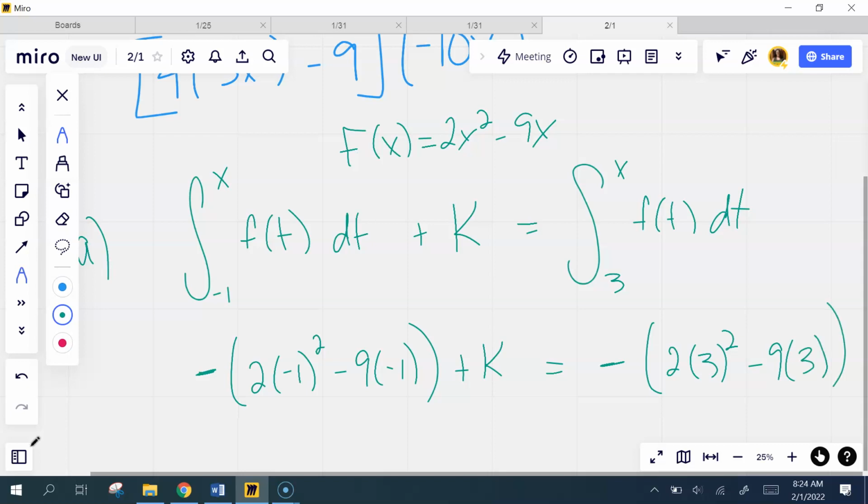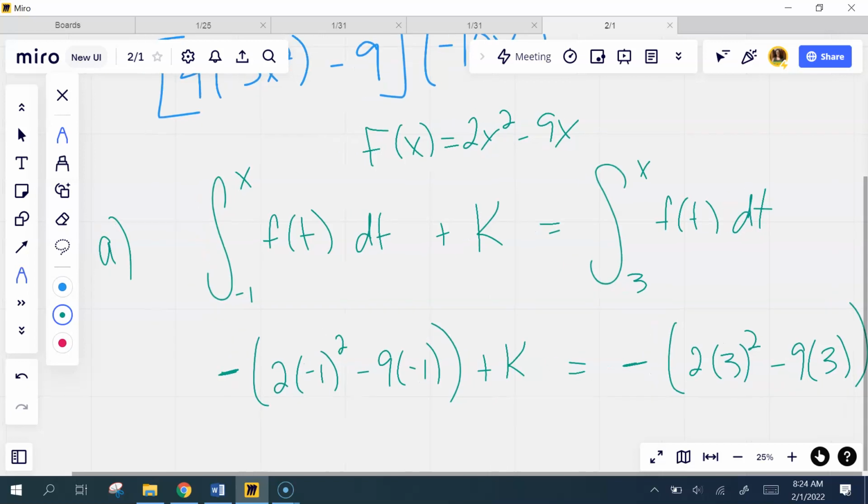I'm just showing you. Now, I could drop them since they're both negative. But the reason is because if I plugged in x here, I would have 2x squared minus 9x minus, so you do upper bound minus lower bound. But because these will be the same on both sides, they're just gone.